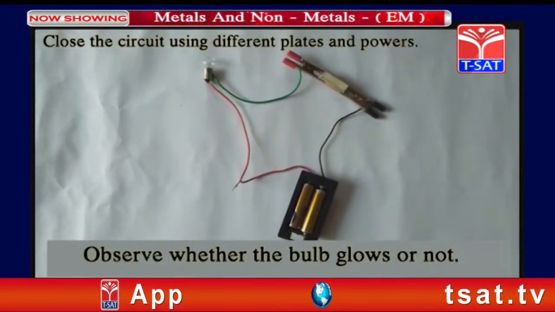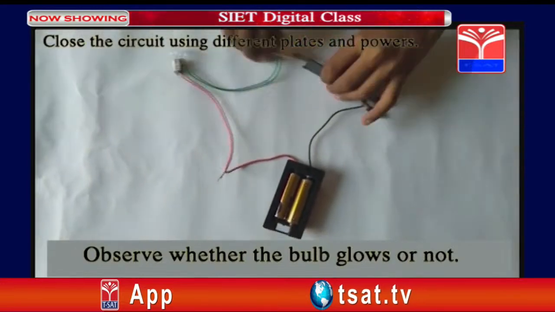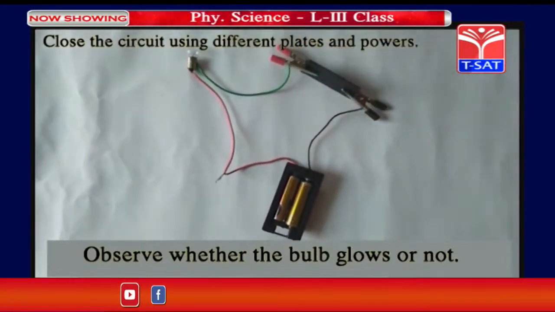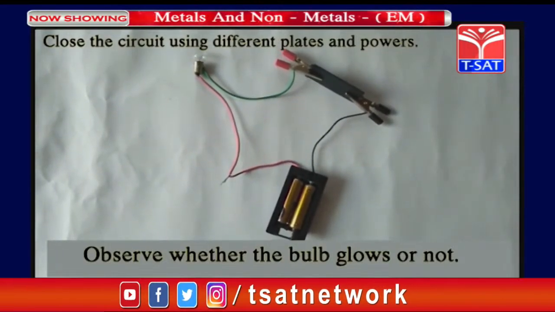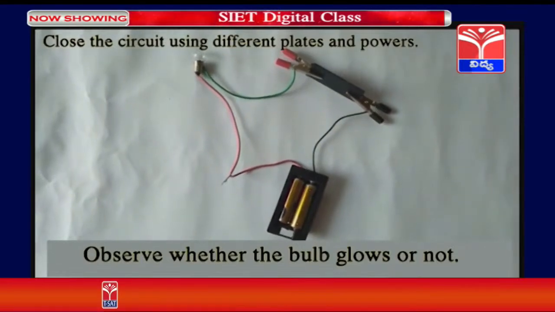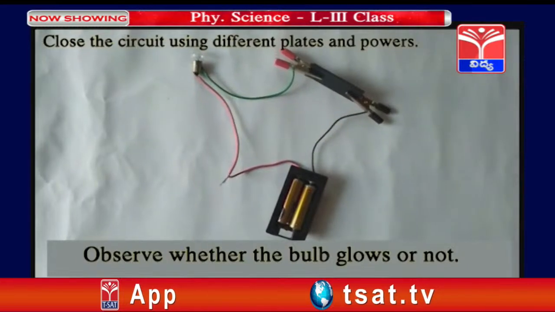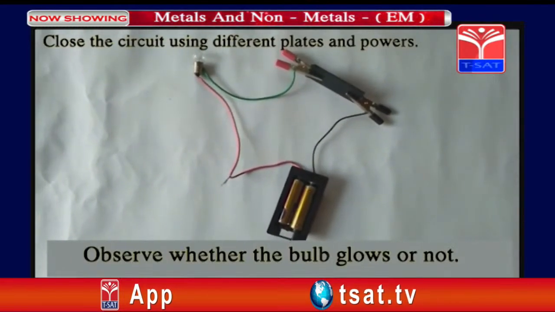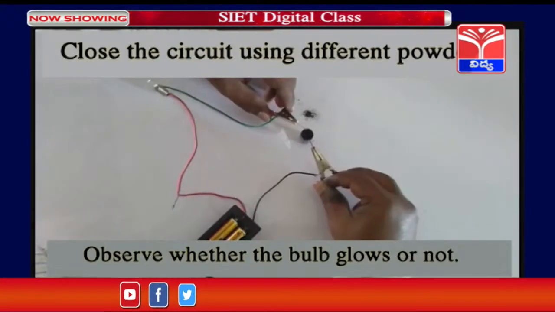Why can't some of the materials pass electricity through them? Here we are using different materials inserted between the two clips. This is the carbon plate. Children, think about it, why do these materials not pass electricity through them?